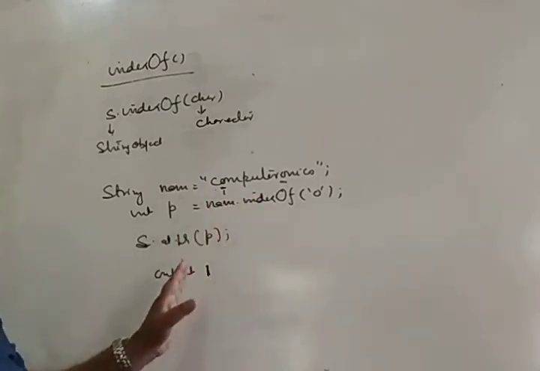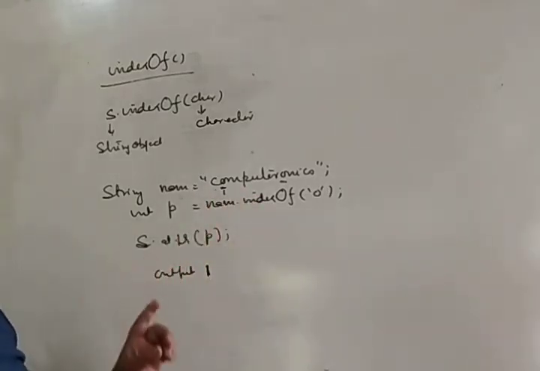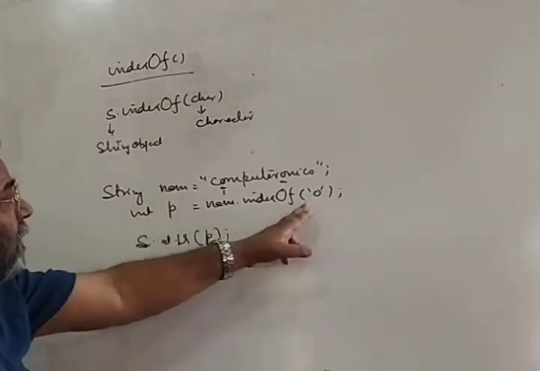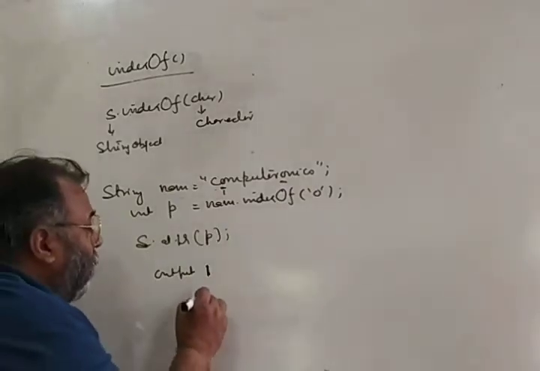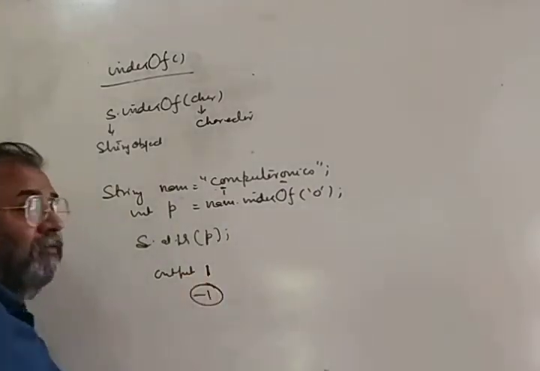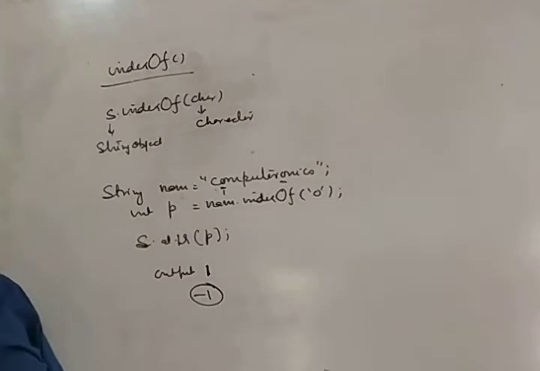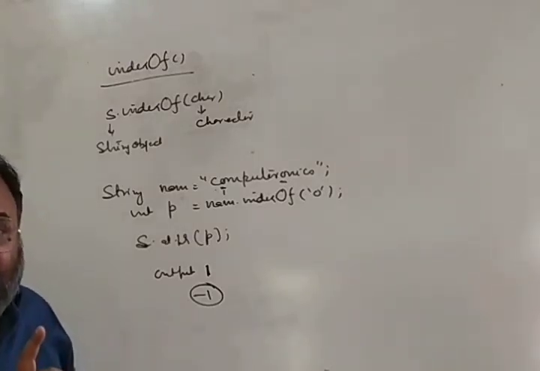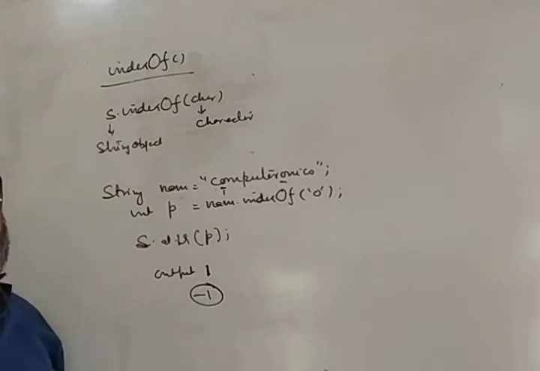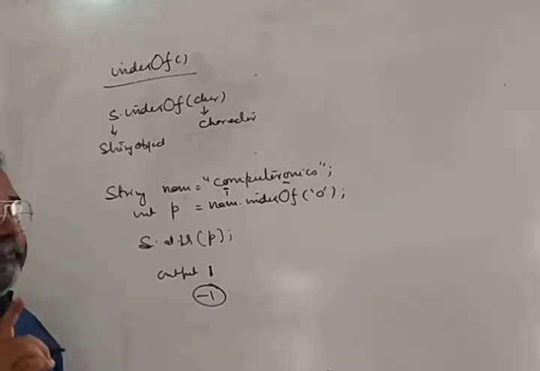It will tell you the first occurrence. Another very important thing about indexOf is that if the character whose position you are asking for is not present in the given string object, it will give you -1.